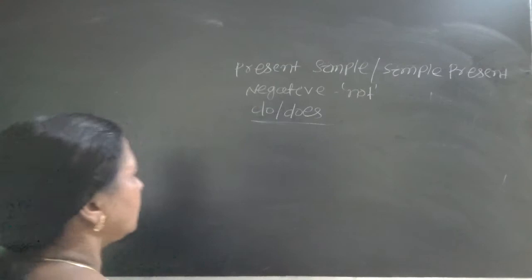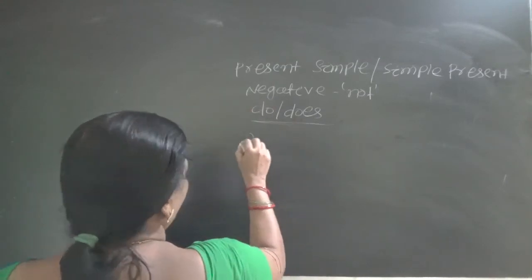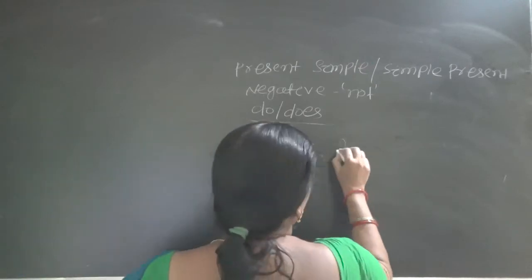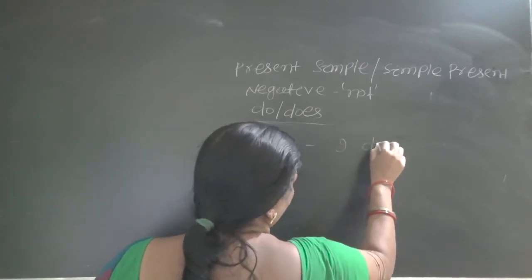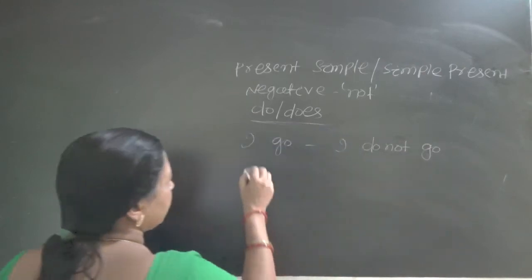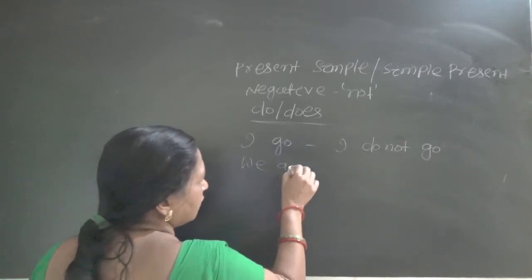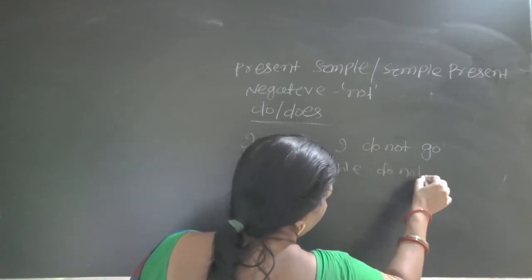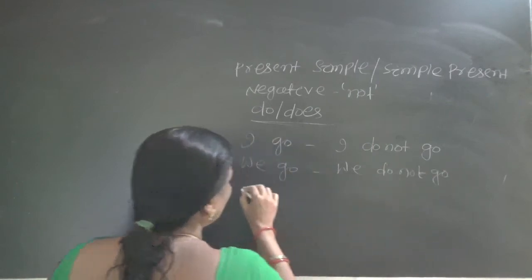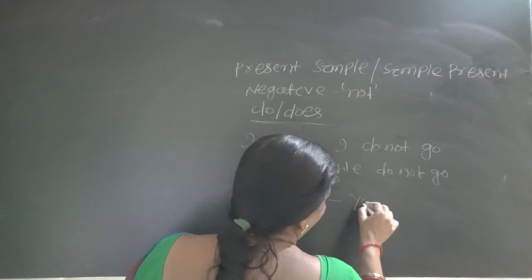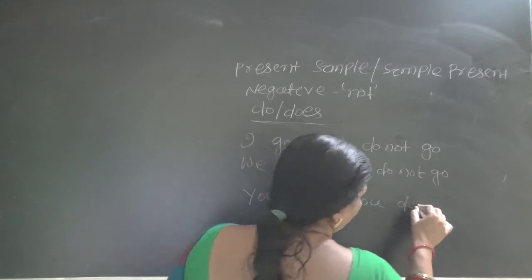So I can write, I go. When we turn it into negative, it becomes I do not go. Similarly, we go, we do not go. You go, you do not go.